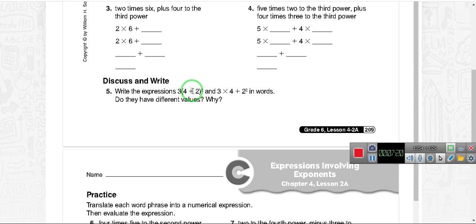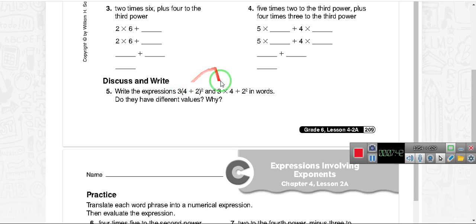That means I start from inside the parentheses. Again, we start reading the expression from inside the parentheses. So it will be 4 plus 2, okay, to the second power times 3. Okay?